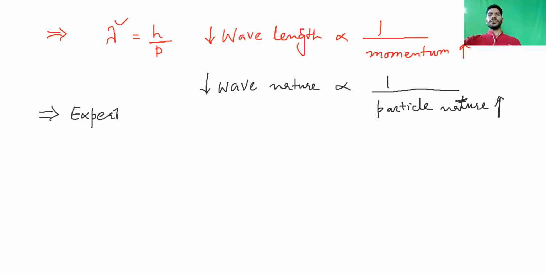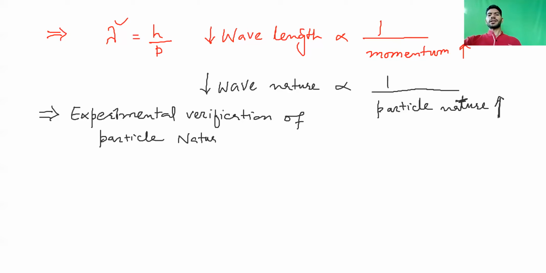First we will see the experimental verification of the particle nature of electron. The electron has particle nature, we already know this, but let us see how it was actually seen experimentally. Let's say this is a beam of electrons.